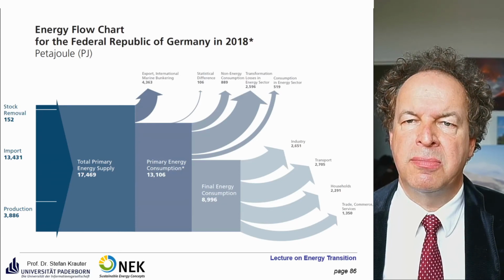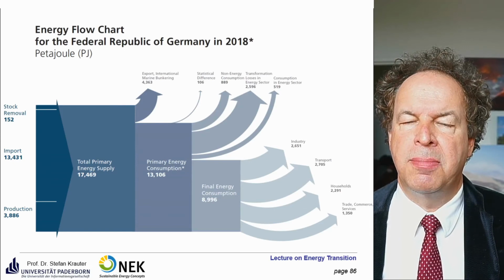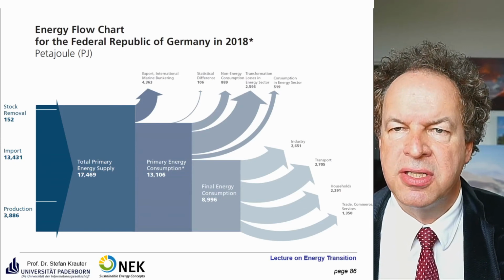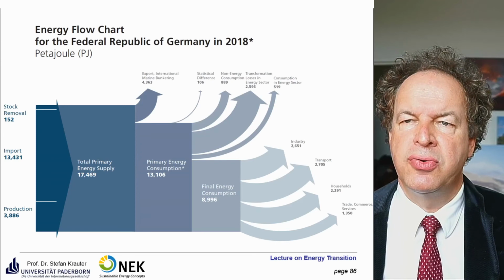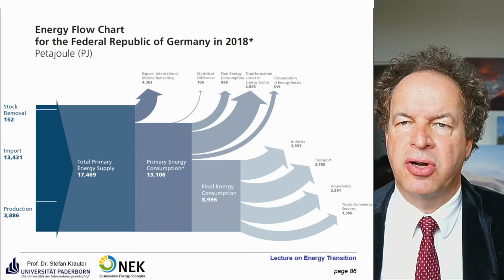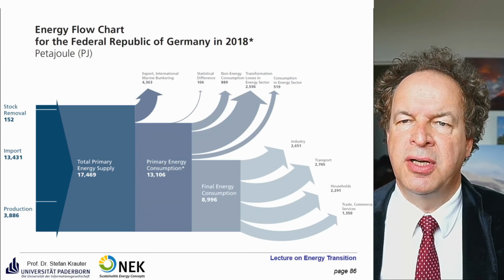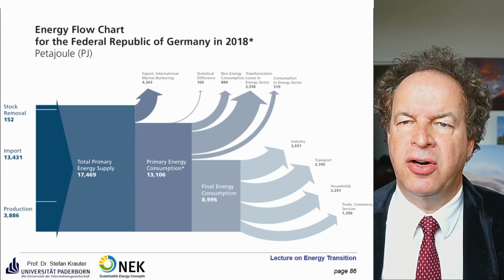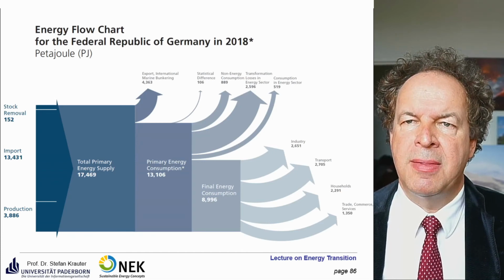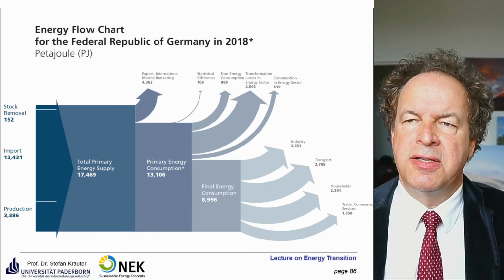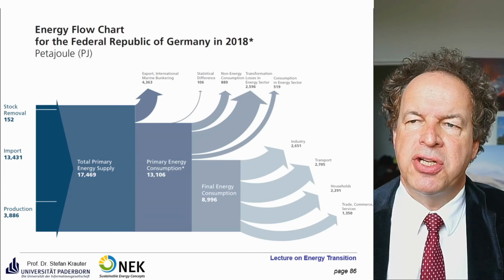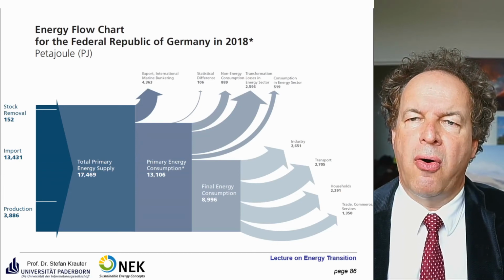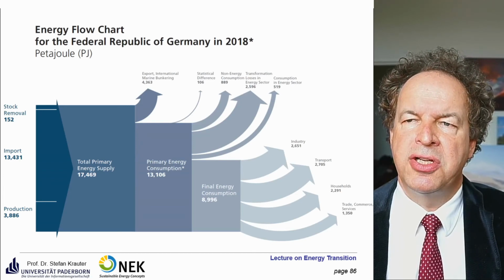But some considerable amount is also from own production, here 3,886 petajoule. And then there's some stock which gets removed. So we have a total primary energy supply of 17,486 petajoule.